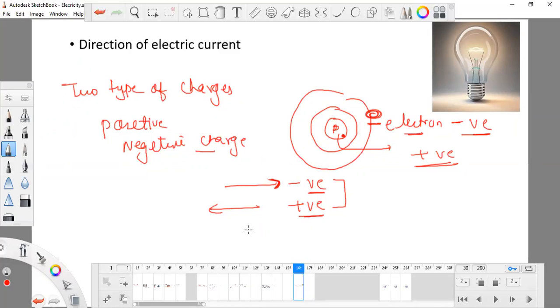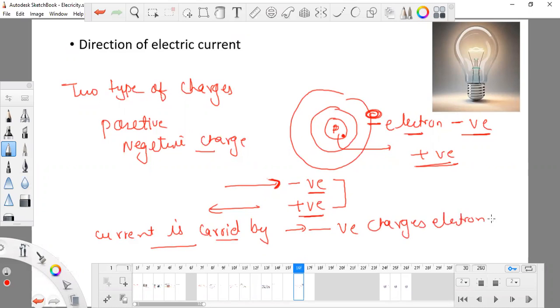The proton never moves anywhere, but this is the conventional direction. Current is carried by negative charges, which are electrons.